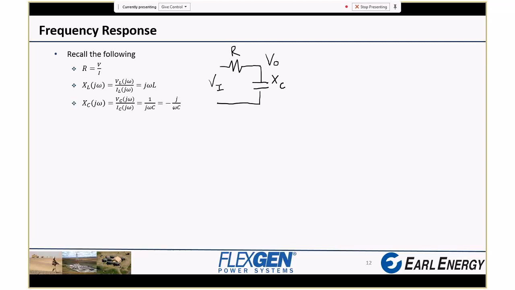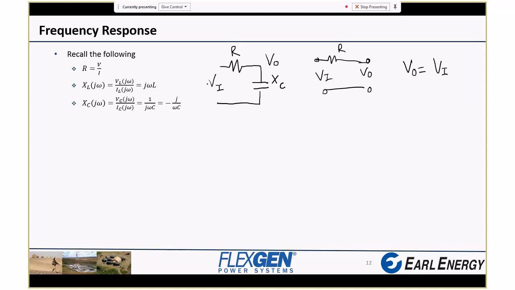When you set omega equal to 0, which is DC, this equation blows up to infinity. So it's an infinite reactance. It appears to be an infinite resistance at DC. So you could rewrite this circuit as R, and then it's just connected to an open circuit because it's an infinite resistance. In that case, it's just kind of a pass-through. V out equals V in.